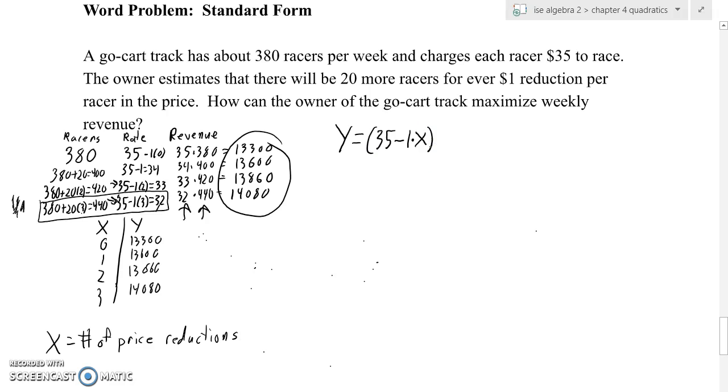Where the 440 came from, 380 plus 20 times 3. The 3 times is the number of times we reduced the price by $1. That's the super hard part. You have to take the problem, read it through thoroughly, figure out what everything is. After that, we multiply this together, everything in here times everything in there. We get our y.